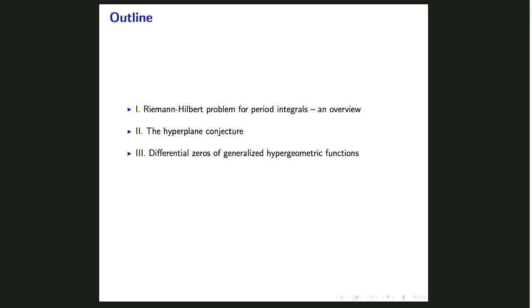But I will focus on a geometric version of this that emerged more recently, and go into how it applied to various problems in physics and in special function theory. The first application I will talk about is a solution to something called the hyperplane conjecture in mirror symmetry, and the second application is to study derivatives of the zero set of generalized hypergeometric functions.